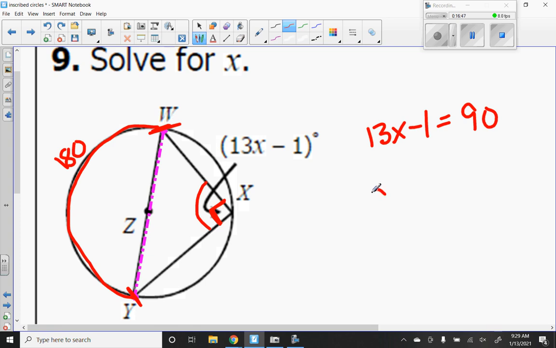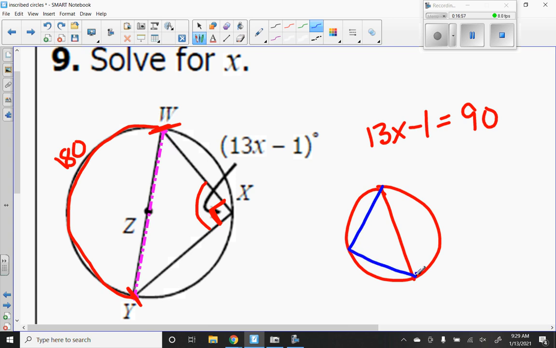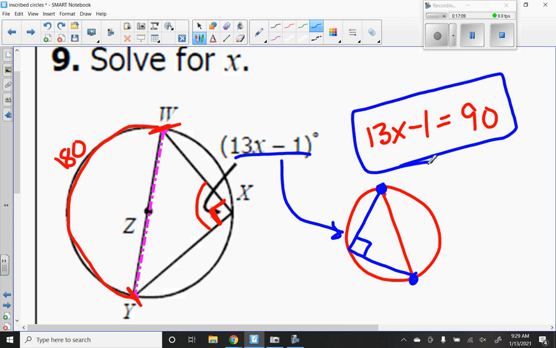So anytime you have a diameter and you have an angle that hits endpoints at the diameter, this is a 90-degree angle. So I made this equal to 90 in this equation. This is the correct equation every time your angle has endpoints on a diameter.